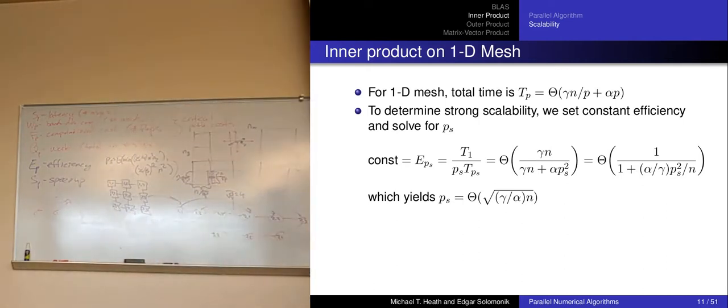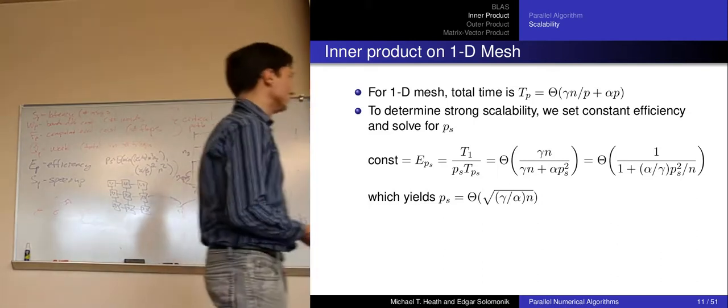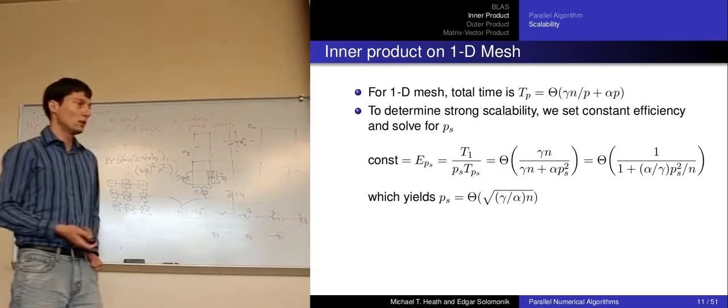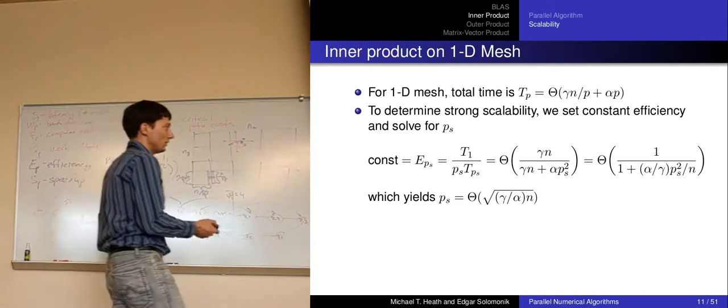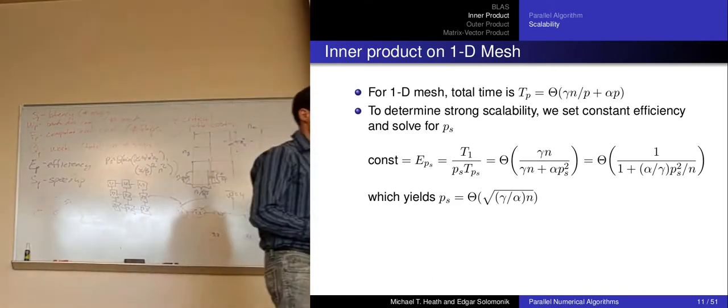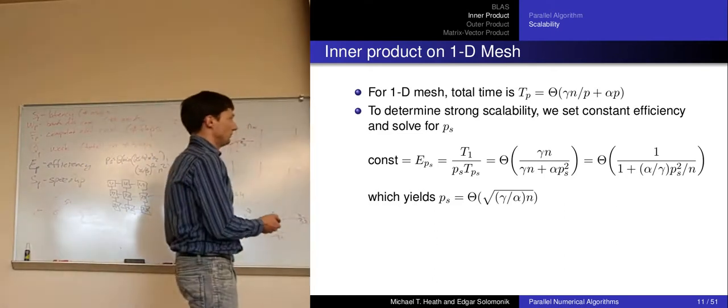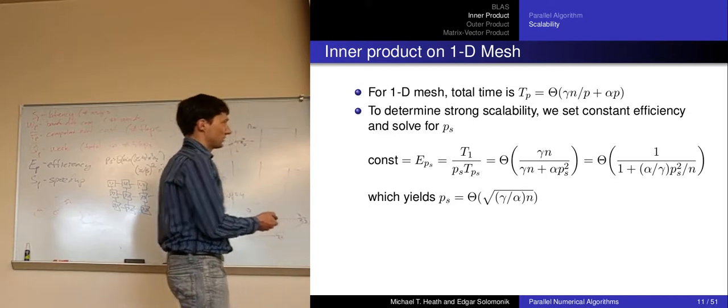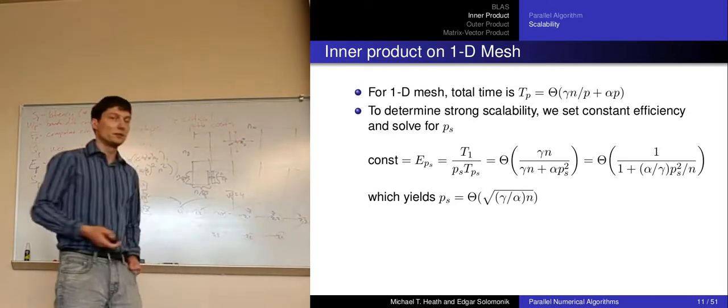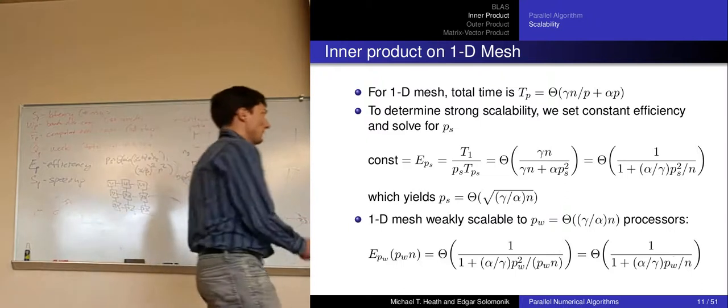What we get is one overhead term where we want P_S to cancel out N. So we need P_S to be the square root of all the other stuff. So again, very similar analysis, which basically tells us that we can strong scale to something like square root of N processors, where N is our starting size, and also have some dependence on this usual ratio.